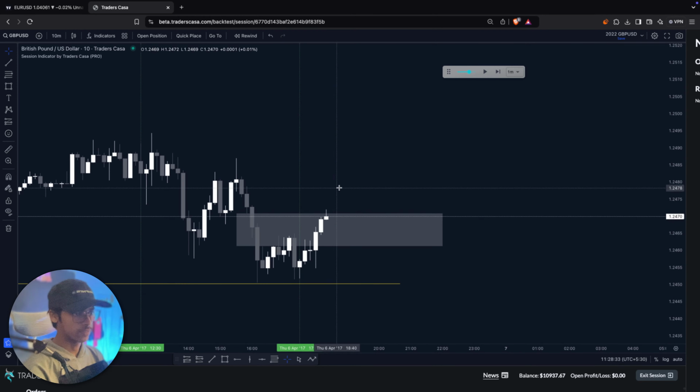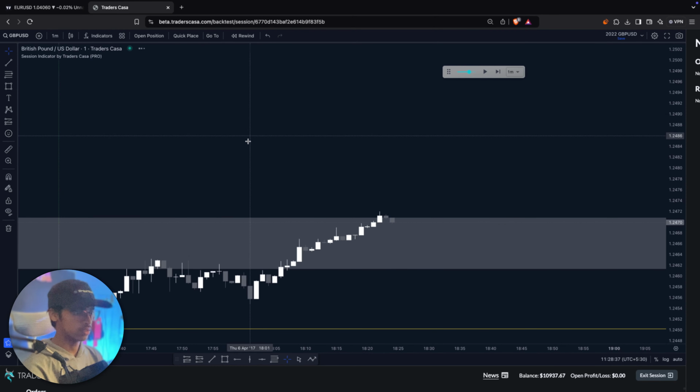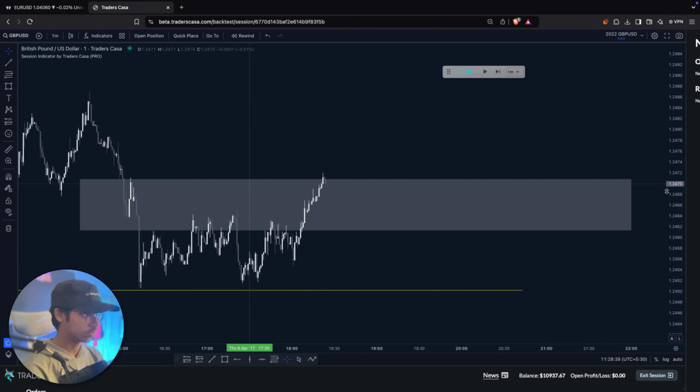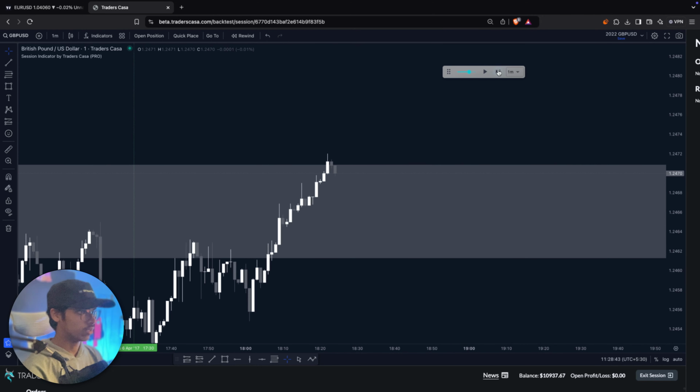Price liquidity is taken. I want the price to give me a reason to take out sell side liquidity. I want to look for sell side liquidity. That's it.